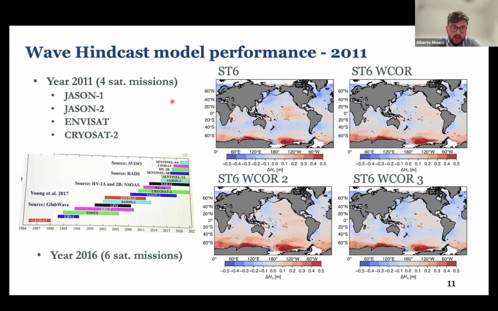In this case, I'm showing you the 2011 collocations, which show the collocations from 4 satellites. We ran these tests. This is just the bias of the 4 different runs, which looked consistent also with the spatial distribution and the magnitude of the bias in different years, such as, for example, 2016.